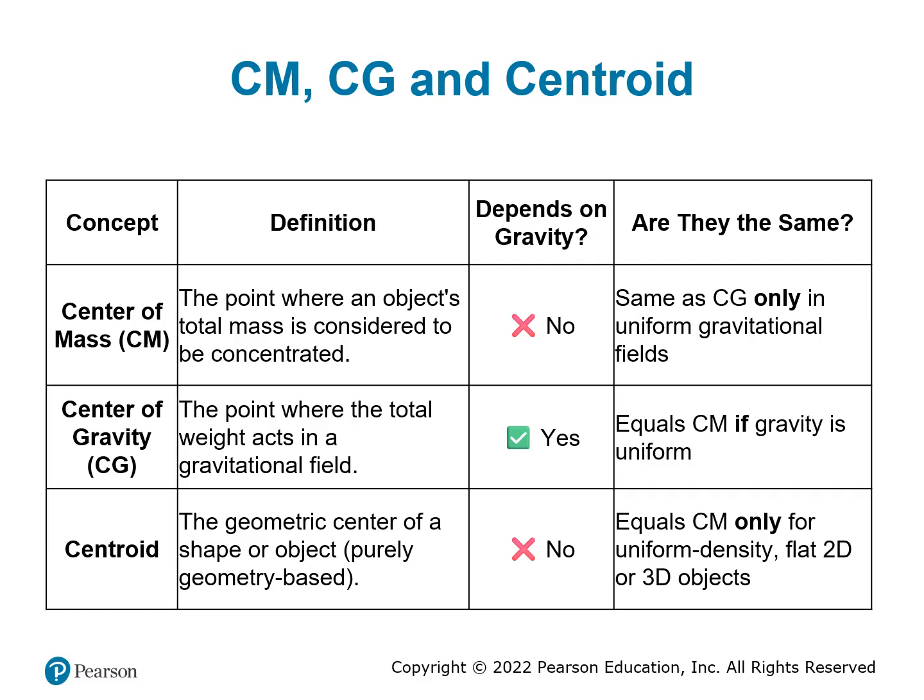The centroid is not based on the mass or the weight. It's based on the geometric center. So you're looking at the shape of it. Let's say you have maybe a trapezoidal shape.